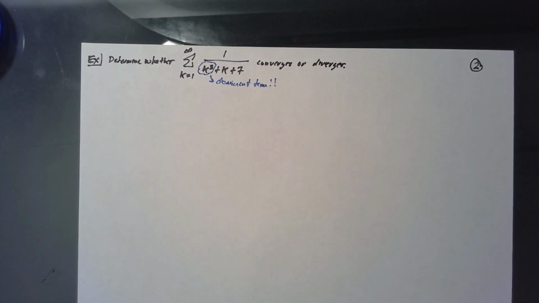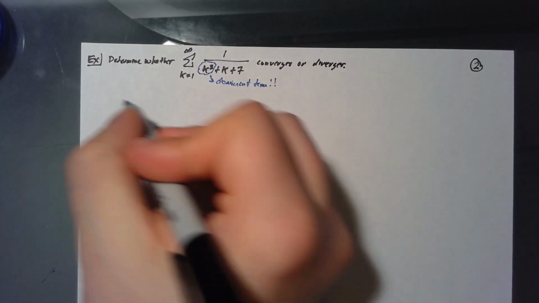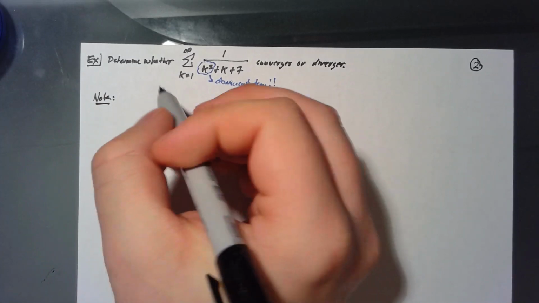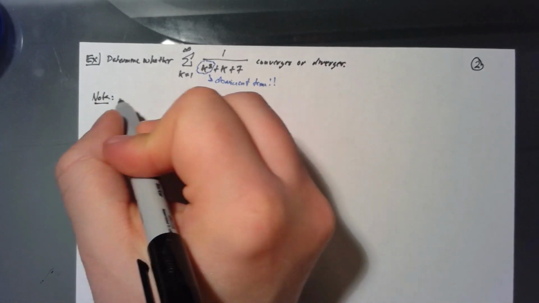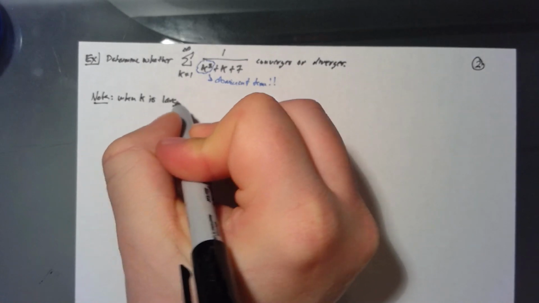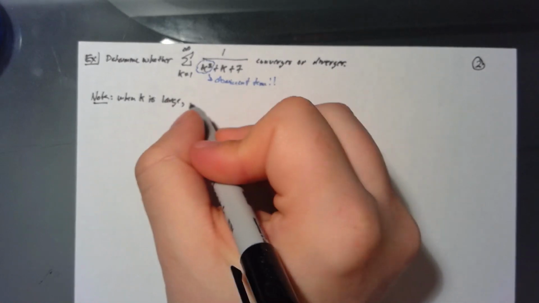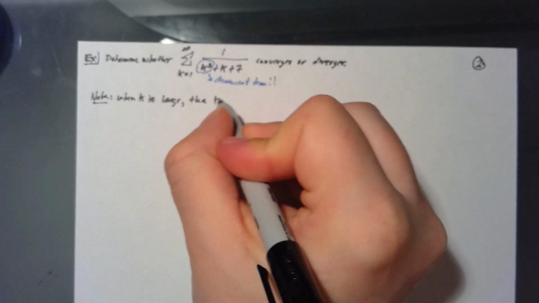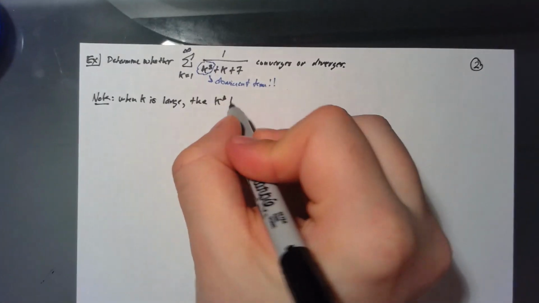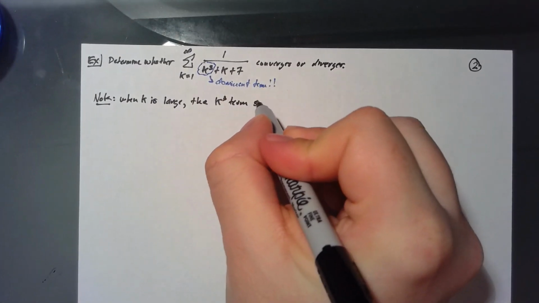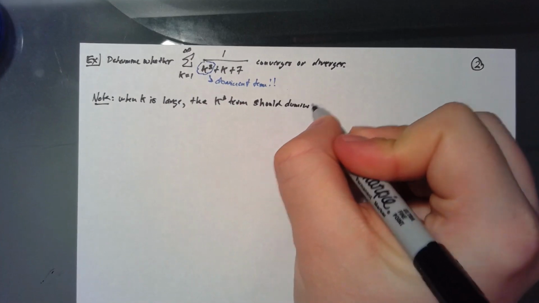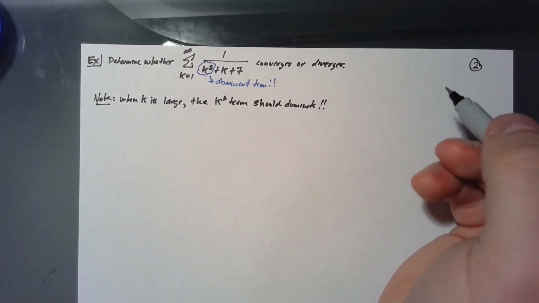So let me make a little note here. Note, when k is large, the k cubed term should dominate. Right?